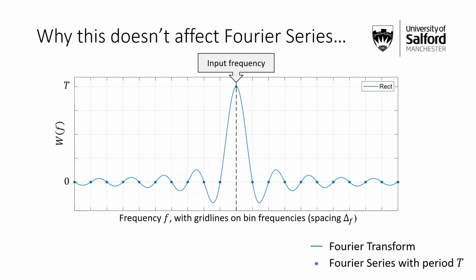So if you put an input frequency on a bin frequency and then you smudge it, what you will get is this kind of symmetrical smudging like this. And it just so happens that all the frequencies the Fourier series are looking at, except for the input frequency one, all happen to be 0 on the sinc function. So you smudge with this, but actually it gives a perfect result of no smudging because it only has a value that's non-zero at the input frequency.